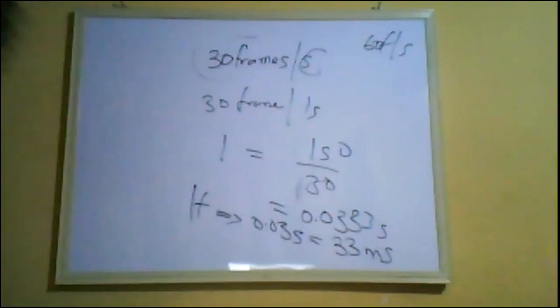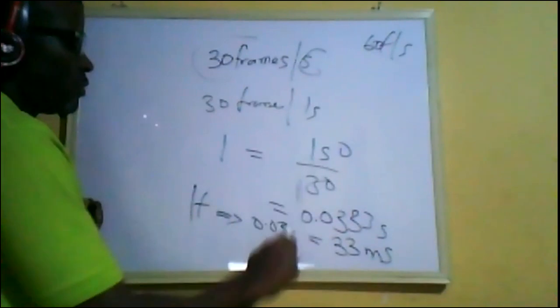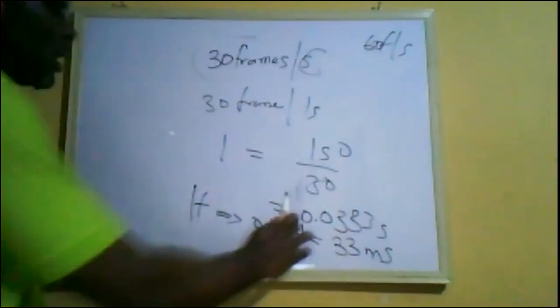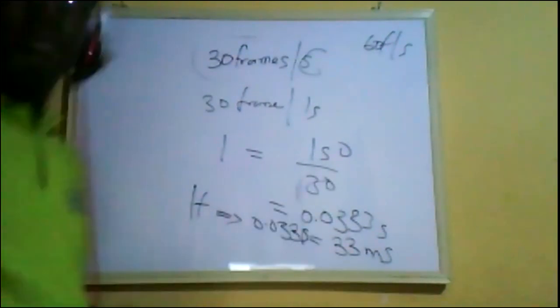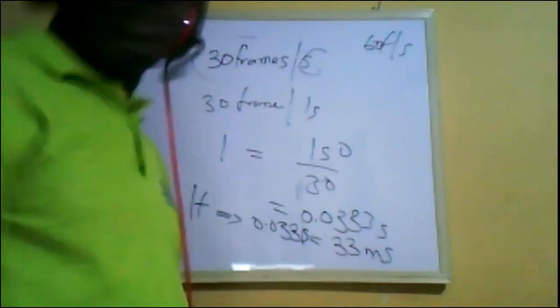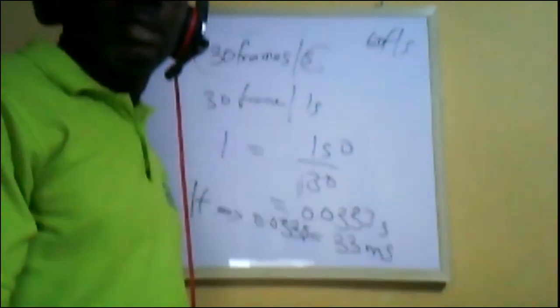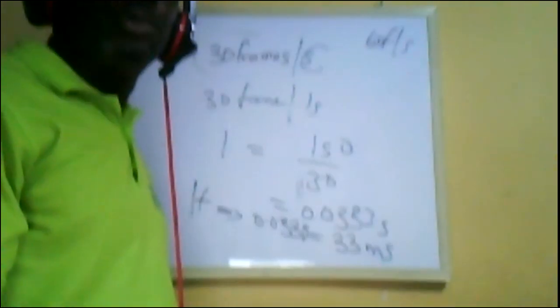So we are going to be left with about 33 milliseconds for one frame. So that's for normal fluoroscopy mode. That's continuous fluoroscopy.